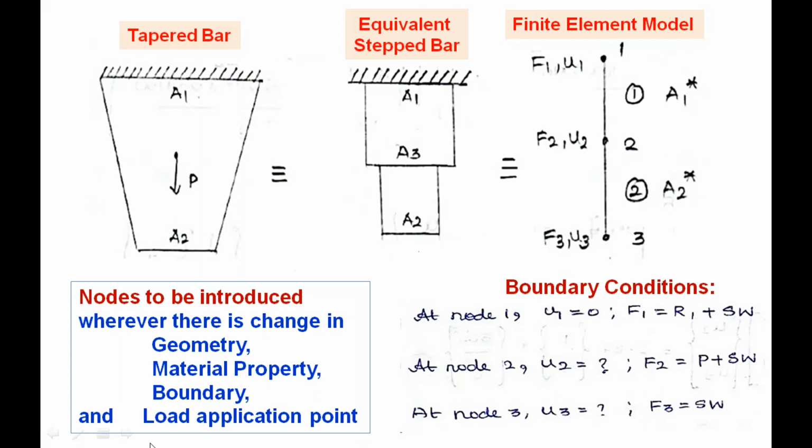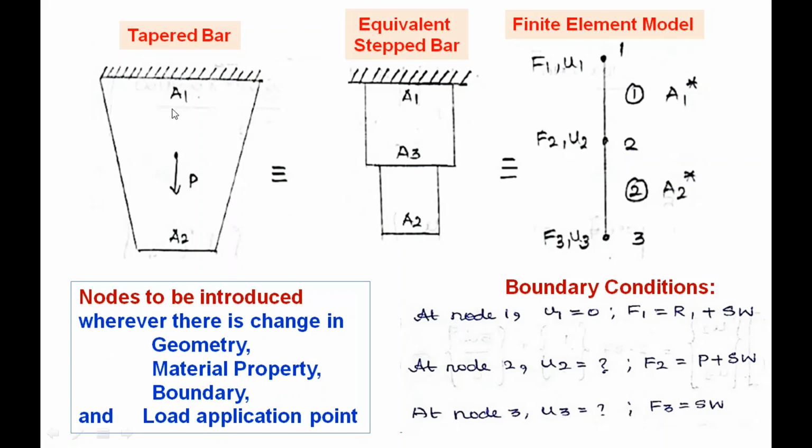Now, we can easily apply the thumb rule which we discussed in the last part. When you make the finite element model, we always have to check these points. We have to introduce nodes wherever there is a change in geometry, a change in material property, a boundary point, and then a load application point. We have to apply this rule for all types of finite element models.